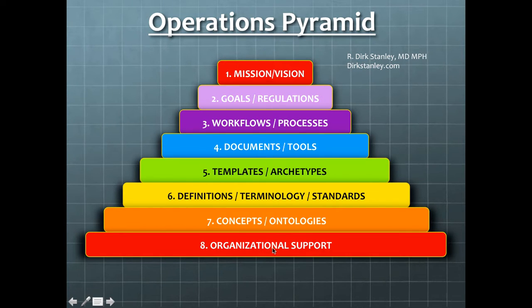From organizational support, the people will create concepts that then get put into words and definitions and terminology that are then combined to form templates, that are then combined to form documents, that are then combined to form workflows that ultimately support the goals and support the mission and vision of the organization.